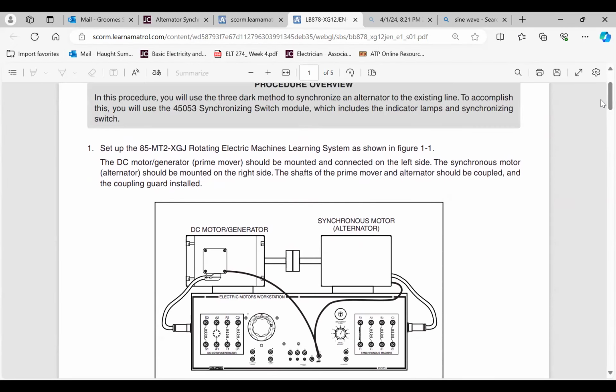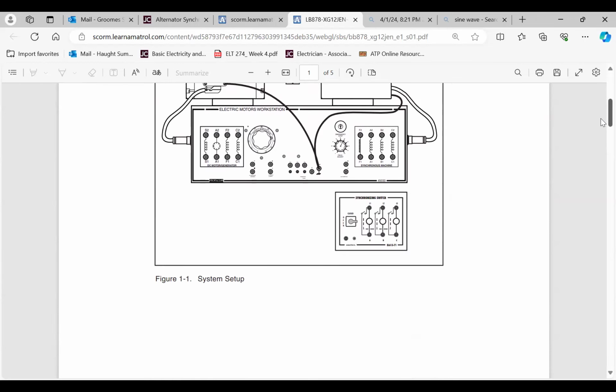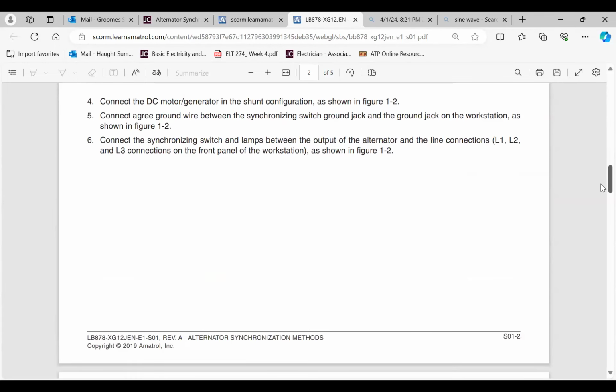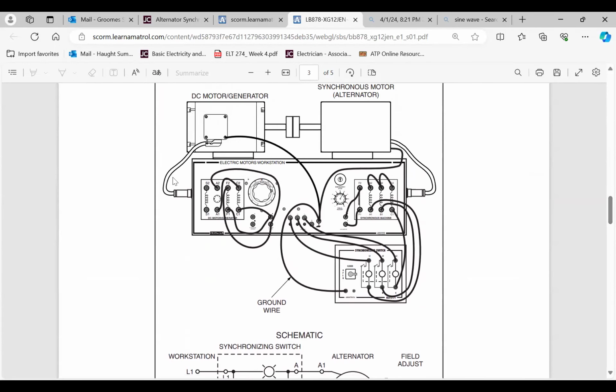You can see here that for this one, it's showing the connections that you should have. Reading about it here, the generator is on the left, and then the synchronous motor, which is the alternator, is on the right. It wants you to wire it a certain way, and it shows you here how you would wire it.